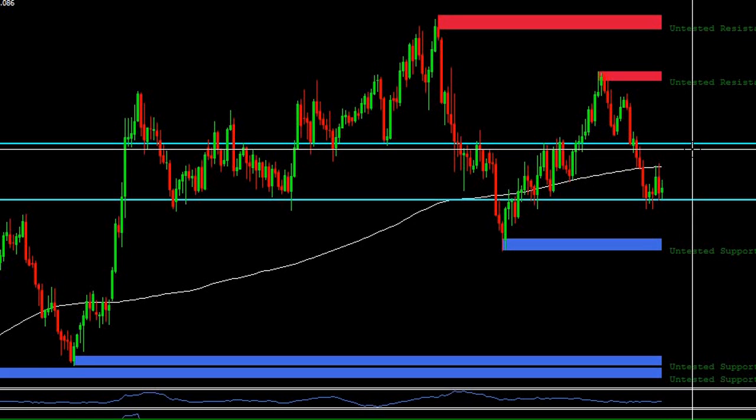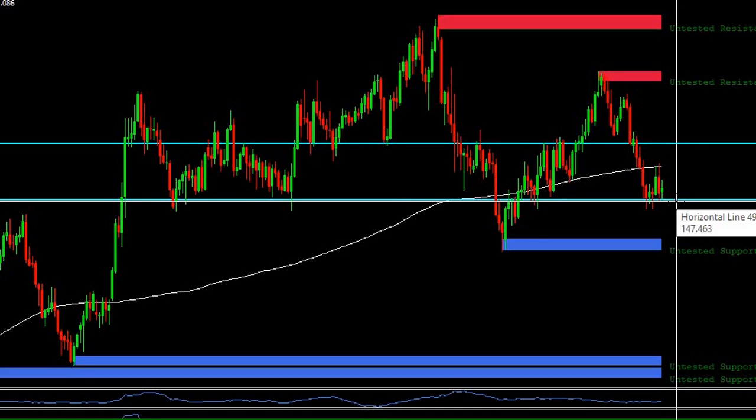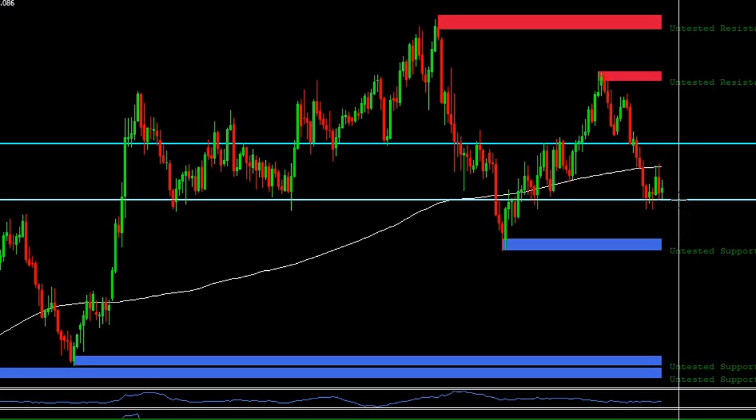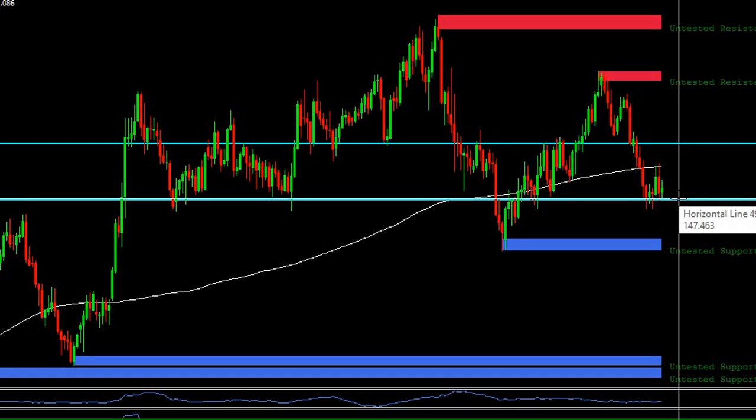In this opportunity, I'll be going for only 1 trade to the upside. But to the downside, if we are able to break below 1.4738, then I'll be going short with 2 positions.